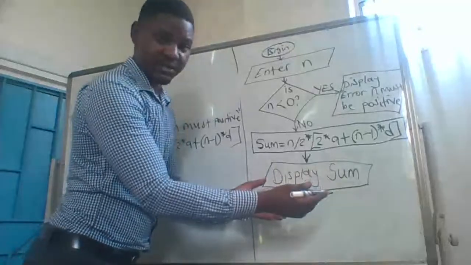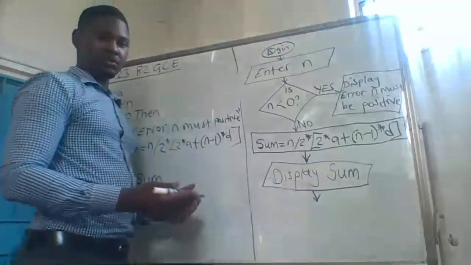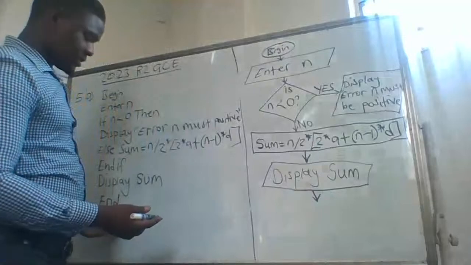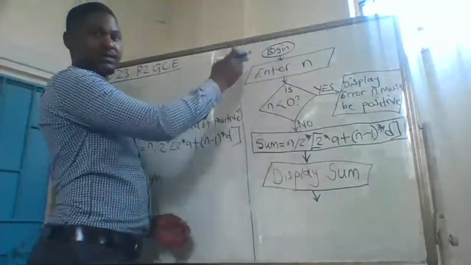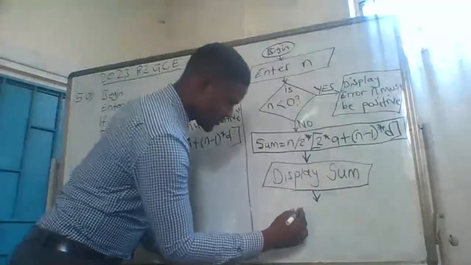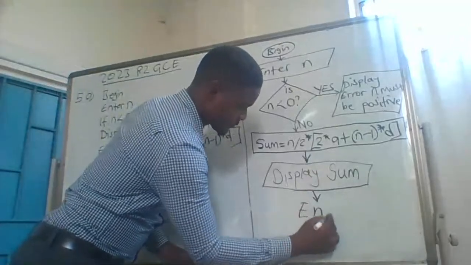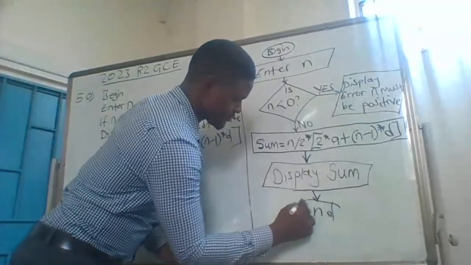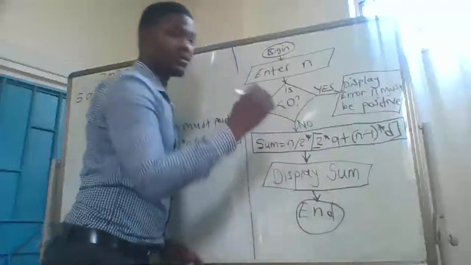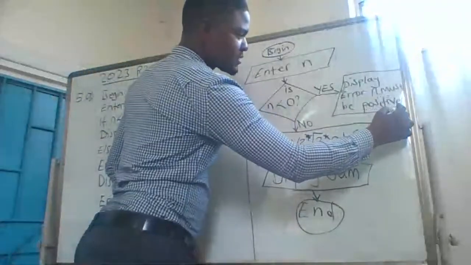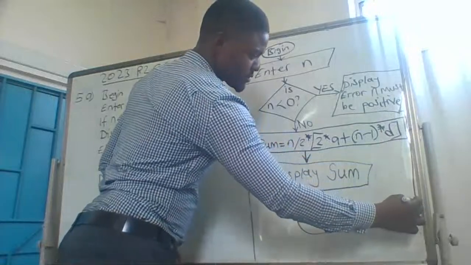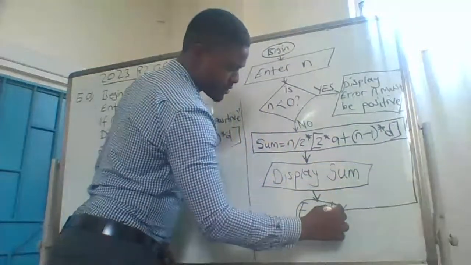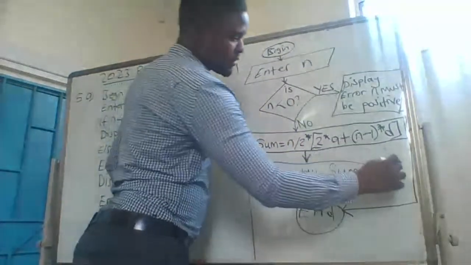When the sum is displayed, of course, the program will also, at the end of the day, need to end. When you begin, you have to end. When you start, you have to stop. So here we say end. Not forgetting that this must also move together with this so that it also comes under and ends there.